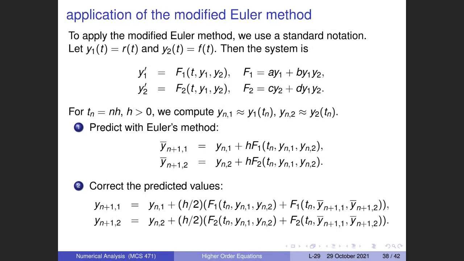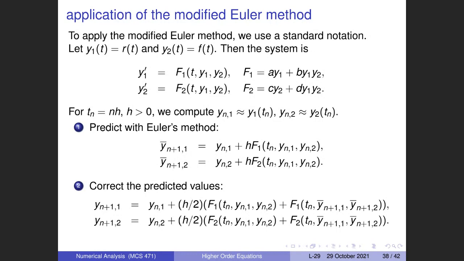So we will write new letters, y1 and y2, and we have two functions. I used capital letters because we still had the little f somewhere. And you see now the standard form of the system of first order differential equations.